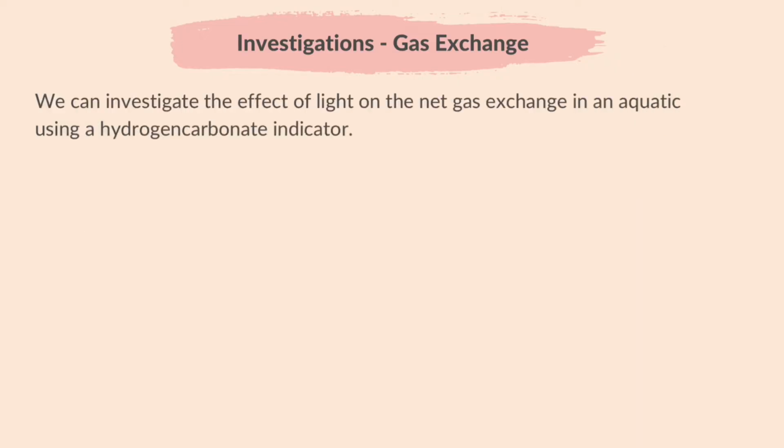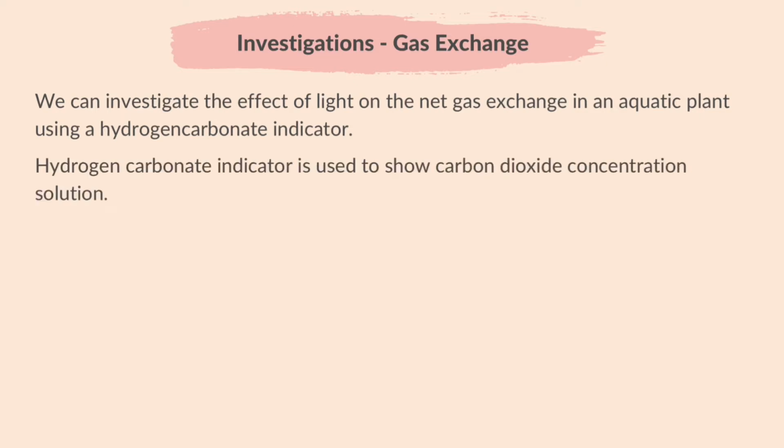We can investigate the effect of light on the net gas exchange in an aquatic plant using a hydrogen carbonate indicator. A hydrogen carbonate indicator is used to show carbon dioxide concentration in solution.